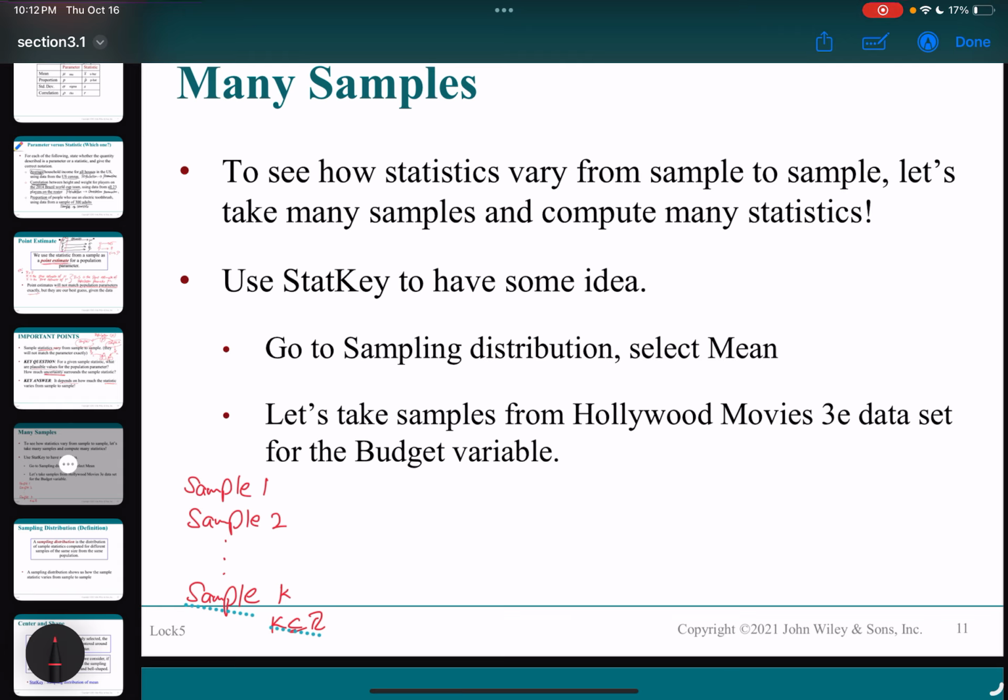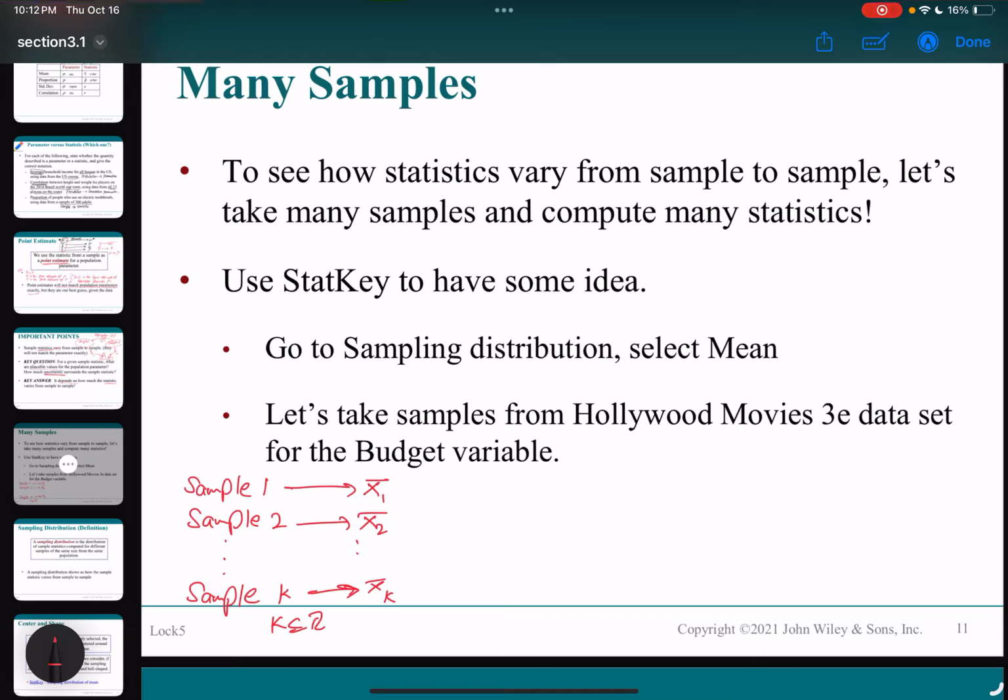From each of these samples I'm taking their mean. So first one, since it's sample 1, I'll denote the sample mean for that sample as x1 bar. For sample 2, x2 bar, dot dot dot. For the kth sample, it is xk bar. These are general notations. However, these are single values.